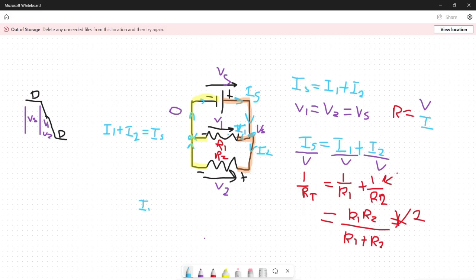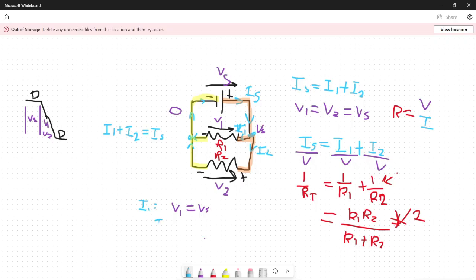So a branch is basically a series circuit. It's the series part of the circuit. The current will remain constant while we have different voltages through it. So if we want to get the current in branch 1, so this would be our branch, we know that the voltage of 1 is also equal to the source voltage.